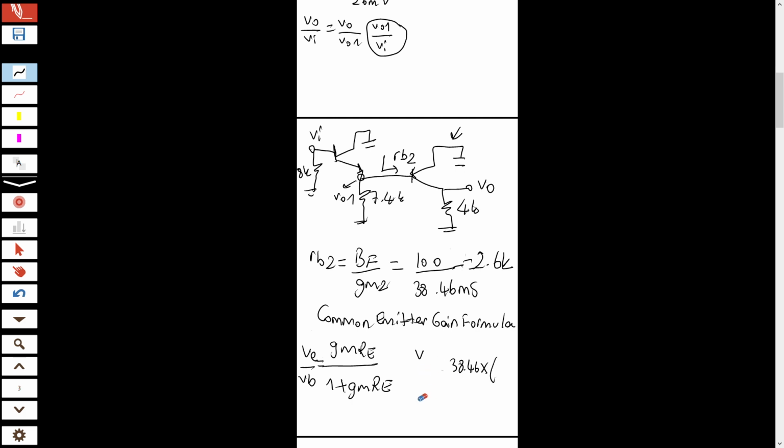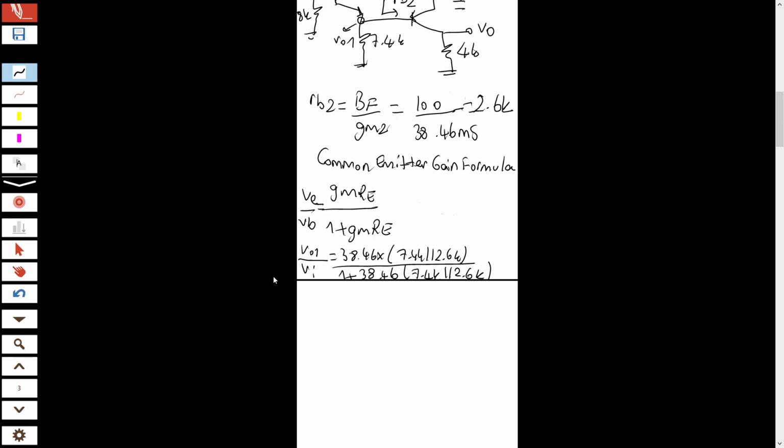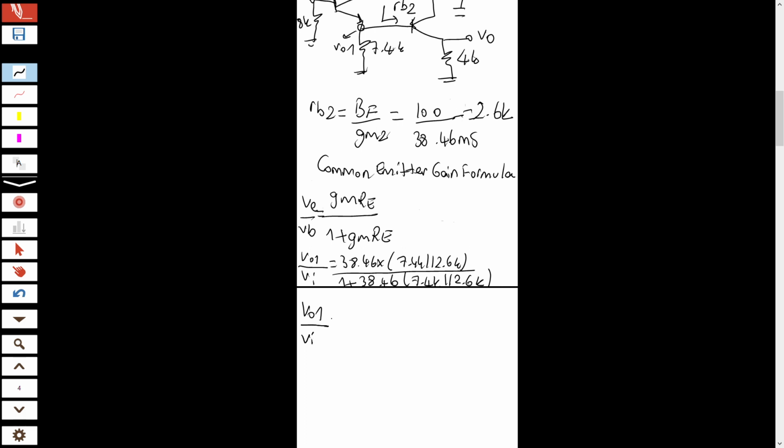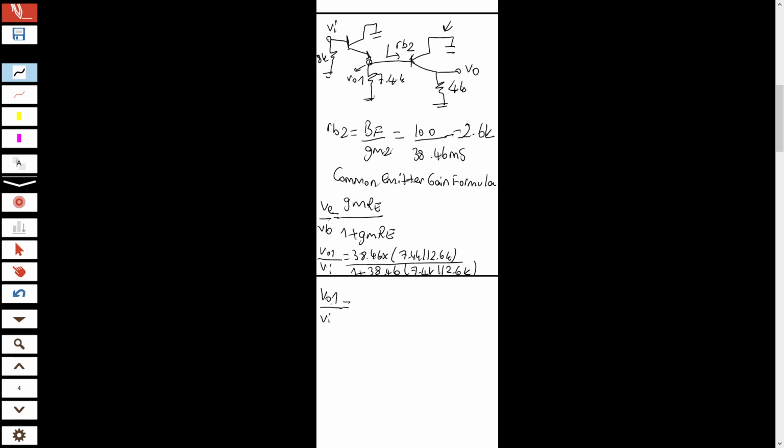Let's write it here. V output 1 over Vi is 38.46 times 7.4K parallel 2.6K divided by 1 plus 38.46 times 7.4K parallel 2.6K. So, let me calculate this value quickly. 7.4K parallel 2.6K is 2.6 inverse plus 7.4 inverse, inverse.